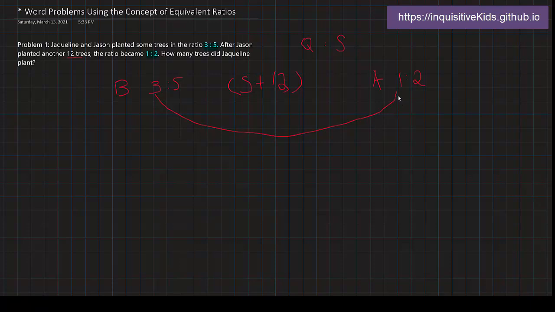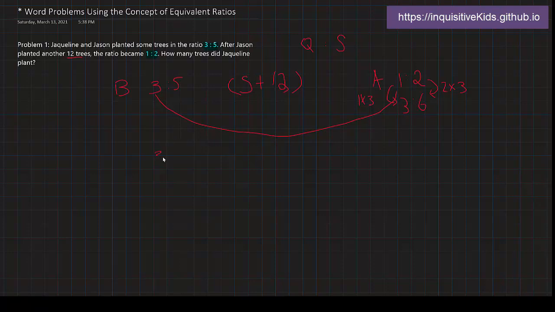We multiply a 3 on both sides of the ratio. So on this side, we have 2 times 3, which gives us 6. And over here on this side, we have 1 times 3, which gives us 3.